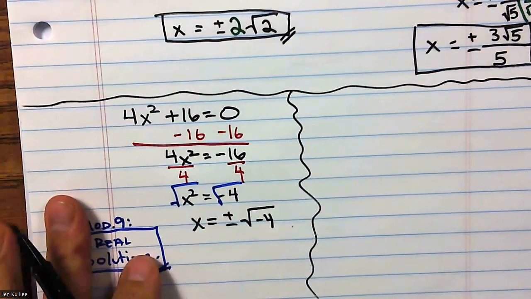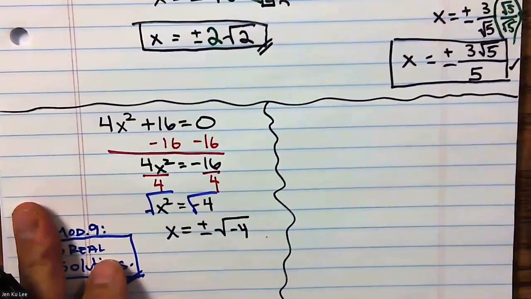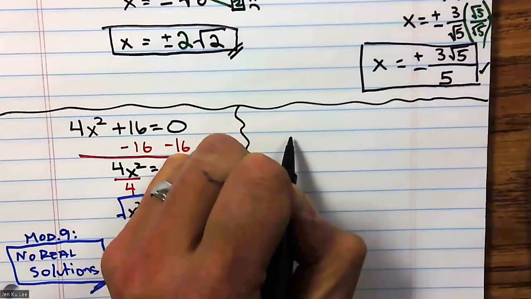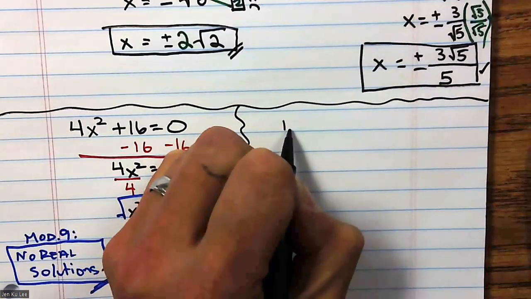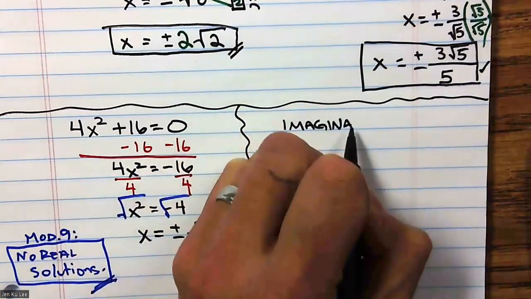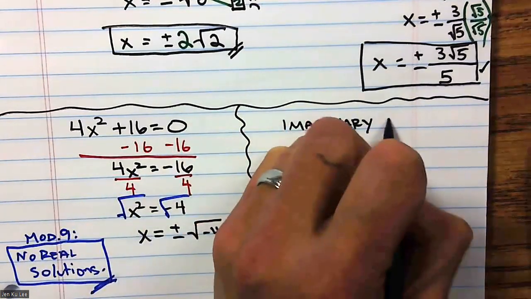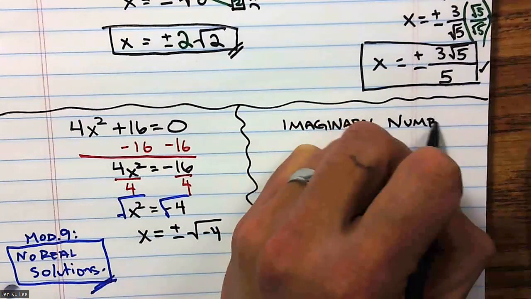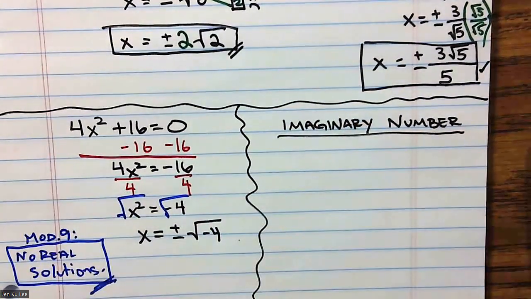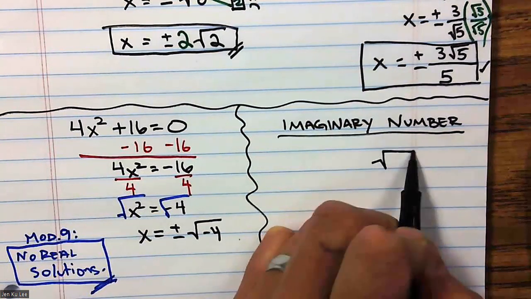In module 11, in this new module, we're going to learn something called imaginary numbers. Okay, or the imaginary number. Just one number. The imaginary number is actually square root of negative 1.